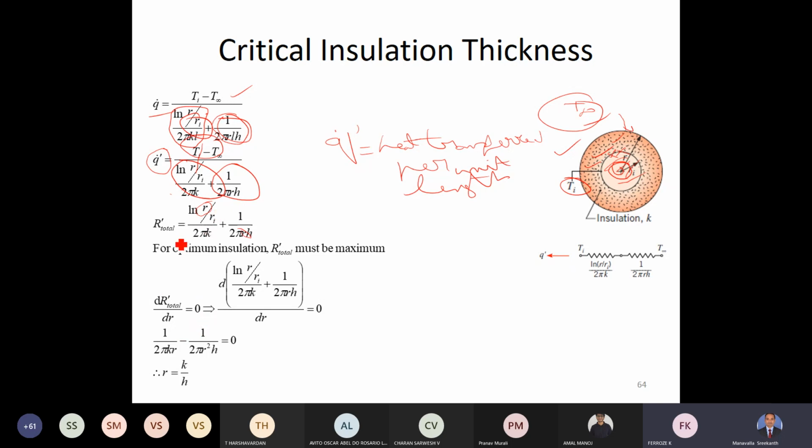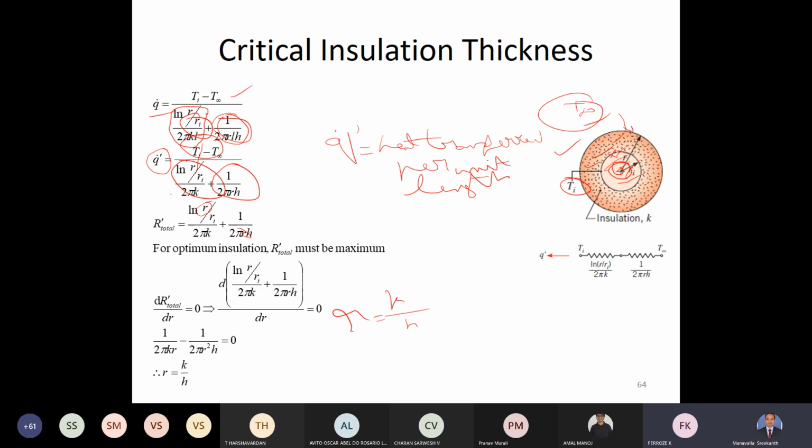On differentiation we have 1 by 2 pi k r minus 1 by 2 pi r square h equal to 0. From this one equation you can find the value of r. So the value of r is equal to k by h.